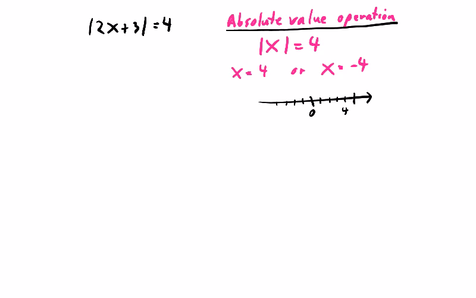The number negative 4 is also a distance of 4 units. It's to the left this time, but it's also a distance of 4 units from 0. So its absolute value is also 4. So either one of these are 4 units away from 0.